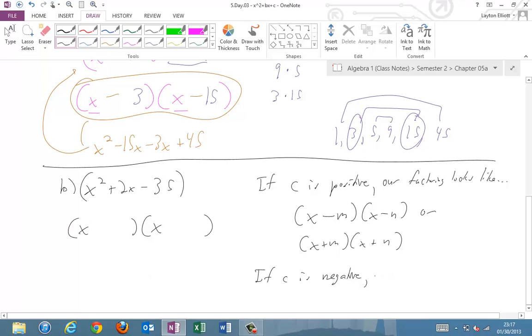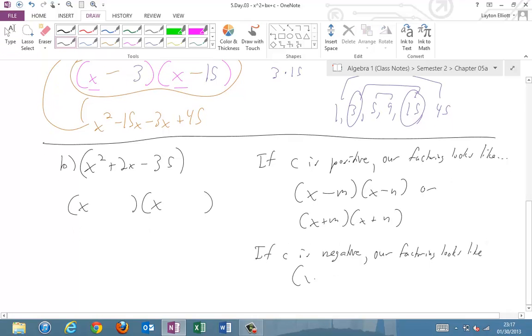But if c is negative, our factoring looks like this. It's going to be x minus m, but x plus n, or x plus m, x minus n. They're opposite signs. One's going to be a plus, one's going to be a minus.